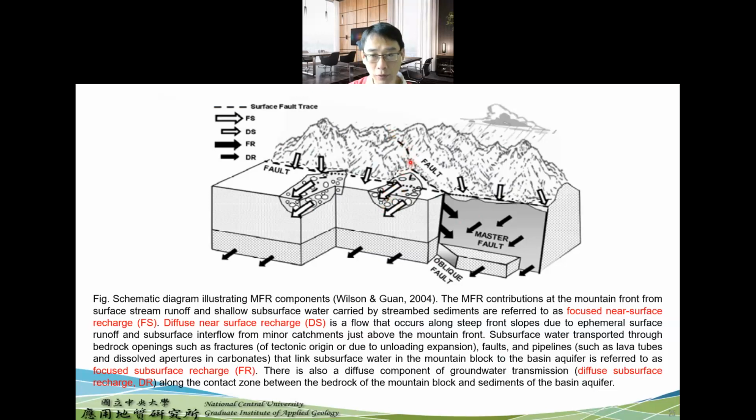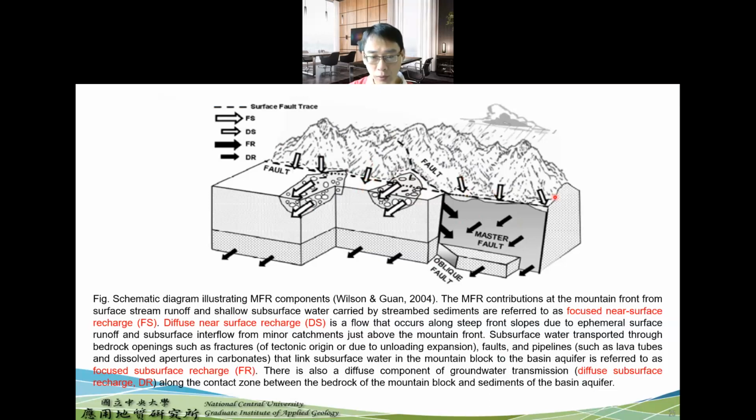When they flow out of the mountains, they have sediment or a riverbed, so the water accumulates quite a lot and can recharge the plain area, from the mountain to the plain. So we call this focused. And we still have diffuse surface recharge, where there might be surface runoff, and after it runs out of the mountain area, it directly recharges the groundwater system. So these are diffuse behaviors.